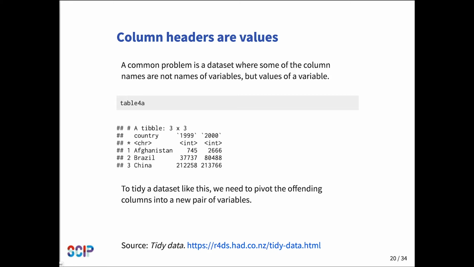And within each of those categories, those numbers are actually cases. So again, we're looking at an instance where the column names are not variables themselves, but the values of a variable. So if we think of the variable as year, the two values ideally are 1999 and 2000.